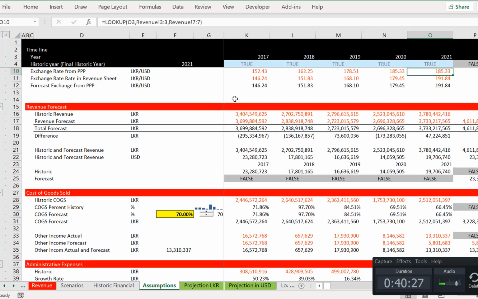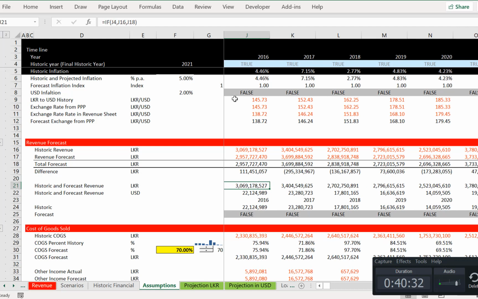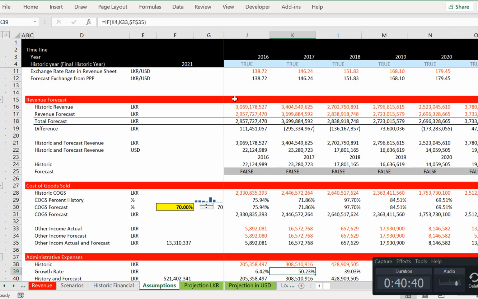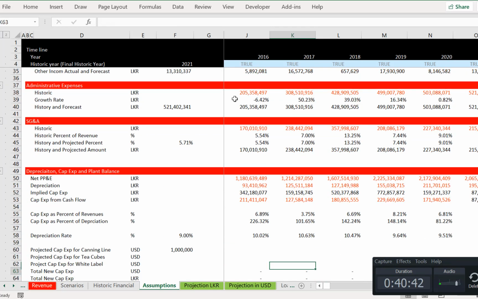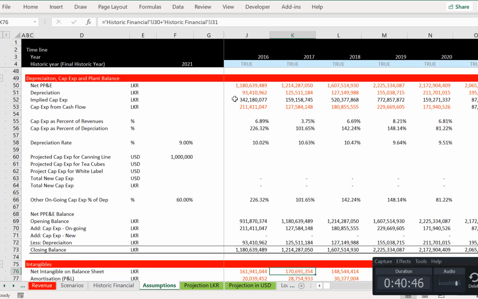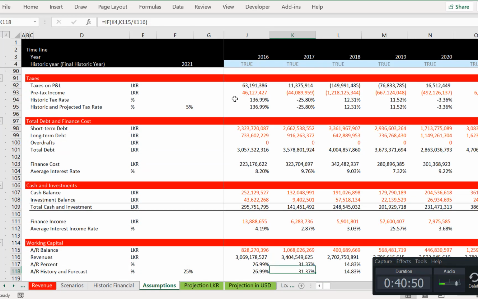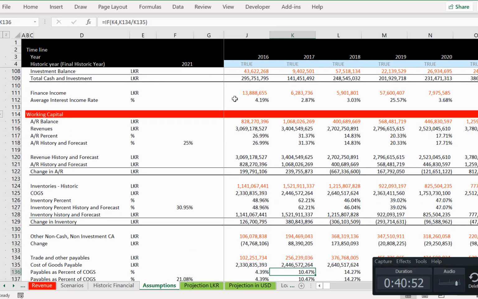There are no rules about how you should use lookup functions or average if functions when you want to do some of this. It's whatever, but you work your way through it, and you get all the operations essentially defined, and that includes the trickiest one perhaps, which is the depreciation and the capex, and some taxes, some working capital.